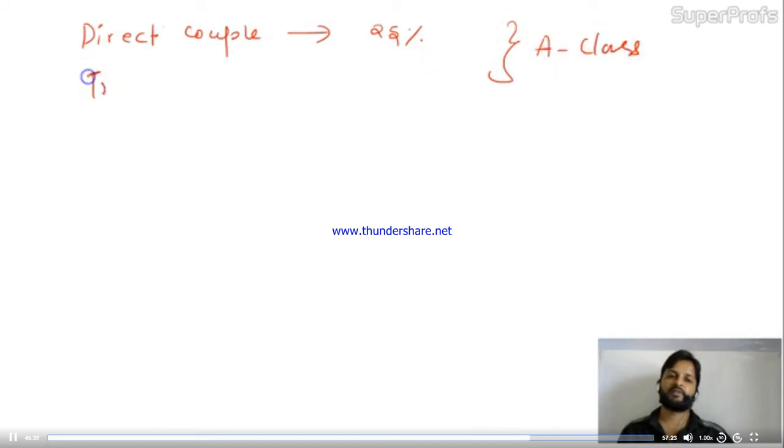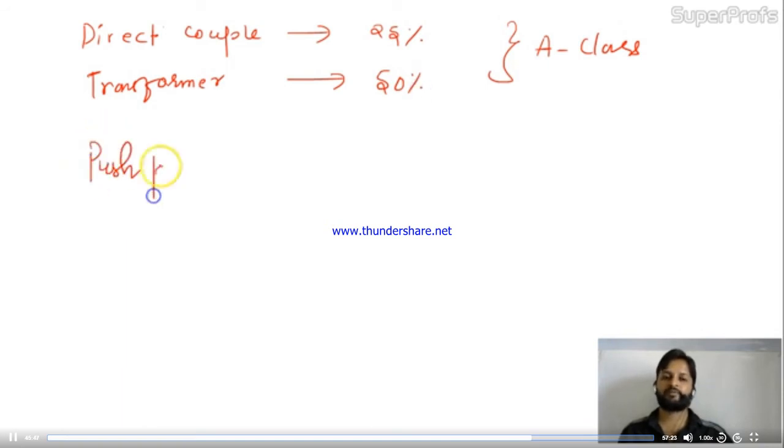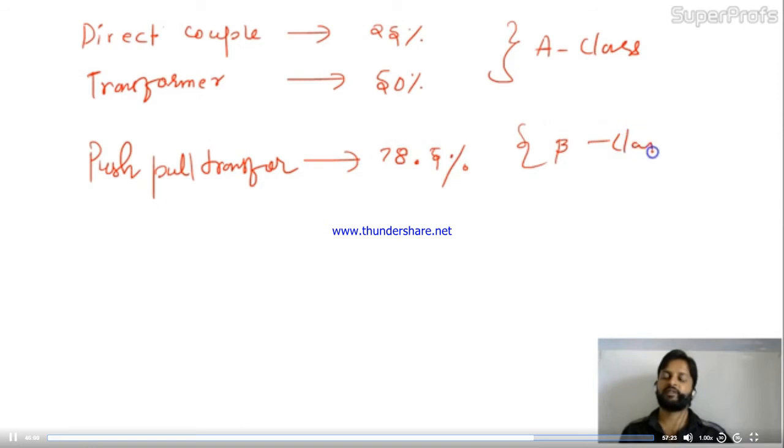Then we have seen the transformer coupled, where the maximum efficiency was 50%. Now we have seen the push-pull transformer amplifier. In this case, the maximum efficiency we are getting is 78.5%, and this belongs to class B amplifier.